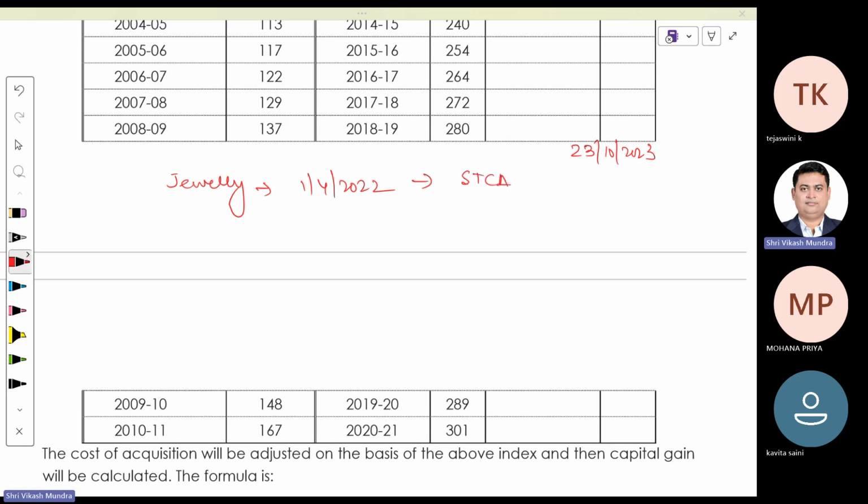Agree or disagree? Now, I have an immovable property located in Kolkata. I acquired this property on 1st April 2021.